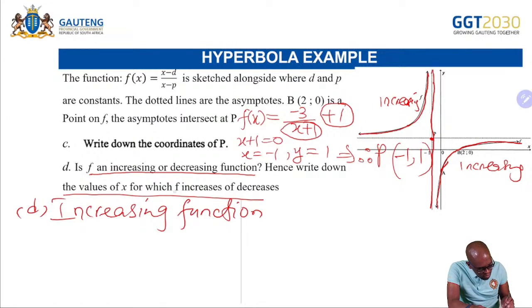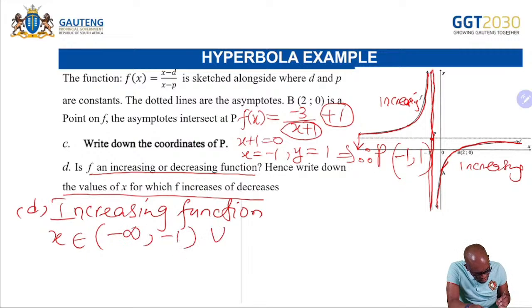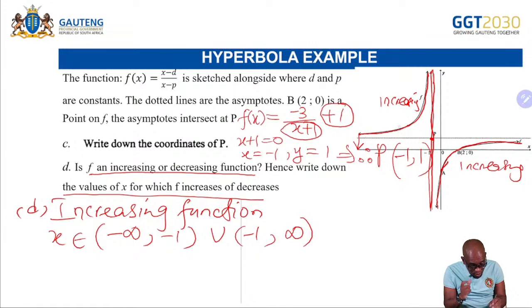Now, write down the values of x for which the function increases or decreases. Let's check for which values of x. When x starts from here up until the vertical line there, so when x is an element of, you can use this notation, minus infinity to negative 1, union negative 1 to positive infinity, it increases for this arm.